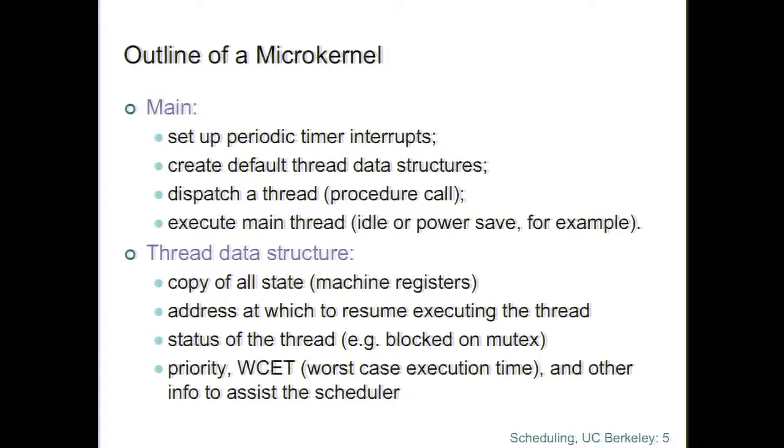So last time I talked about pthreads, and behind every thread there is a data structure which stores information about the thread. The scheduler is going to need this information. The kind of information includes things like whether the thread is blocked on a mutex. It would be pointless for a scheduler to activate a thread that is blocked on a mutex, right? So it's useful for the scheduler to be able to see that.